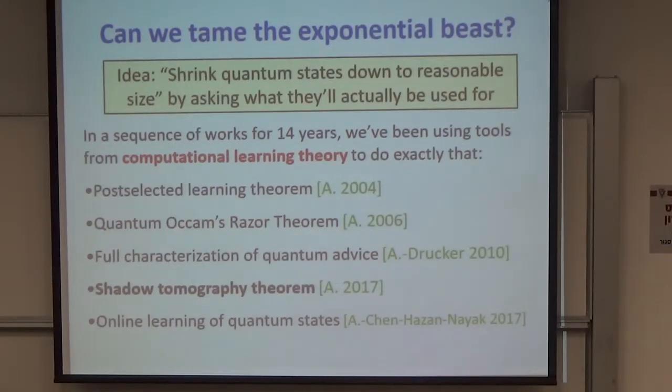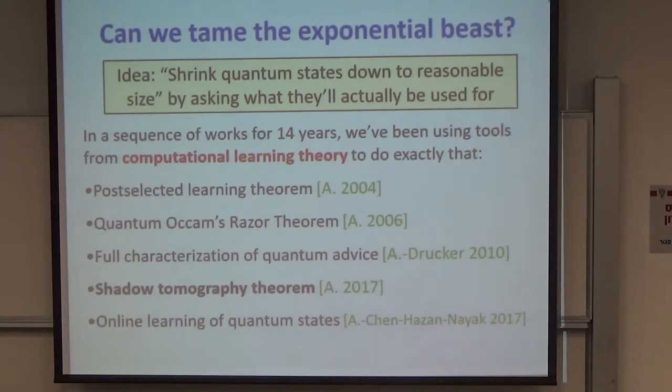So repeatedly, someone picks a measurement at random from this distribution, and they tell you which measurement it is, and they also apply it some number of times to some unknown n-qubit state rho, which you're trying to learn, right? And they tell you approximately the expectation value, the probability that this measurement accepts rho.